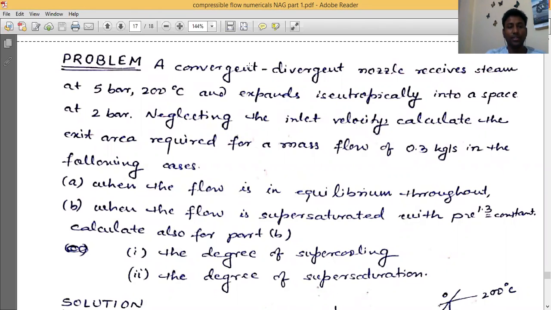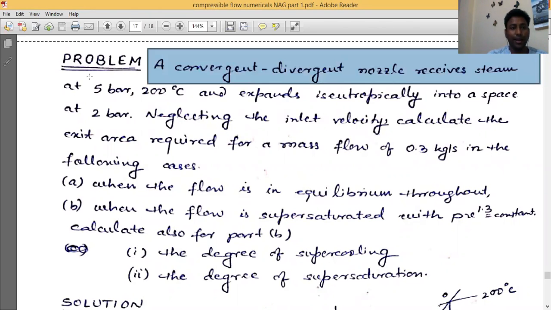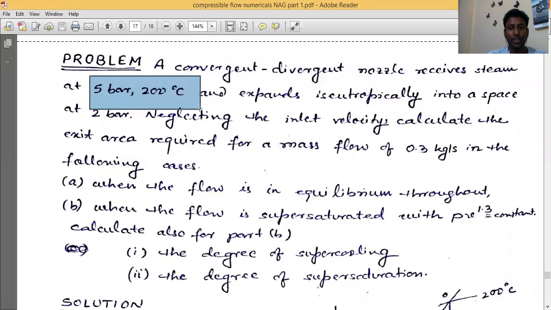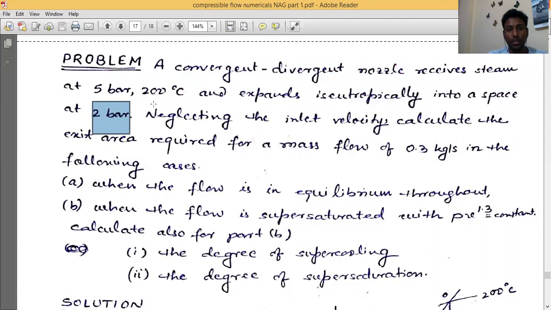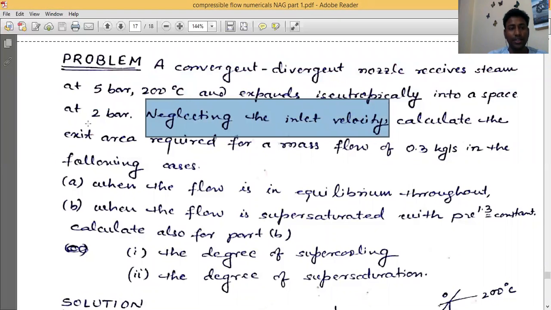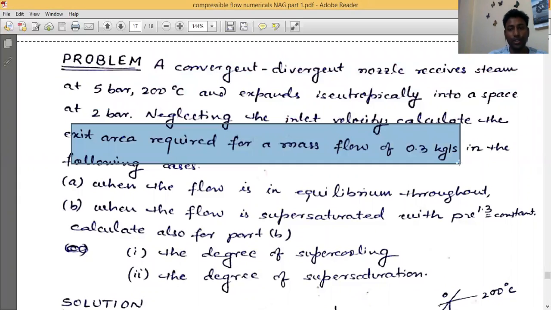It says that a convergent divergent nozzle receives steam at 5 bar and 200 degrees centigrade, and expands isentropically into a space at 2 bar. Neglecting the inlet velocity, calculate the exit area required for a mass flow rate of 0.3 kg per second in the following cases.